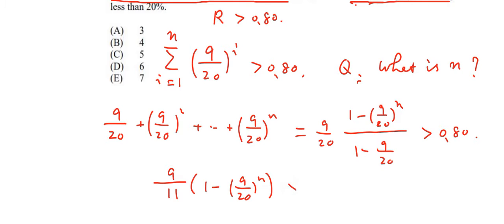So we check: when n is very large, this is true. Then we check as n becomes smaller and smaller, n equal 5 or 4. Which is the smallest n that satisfies this?